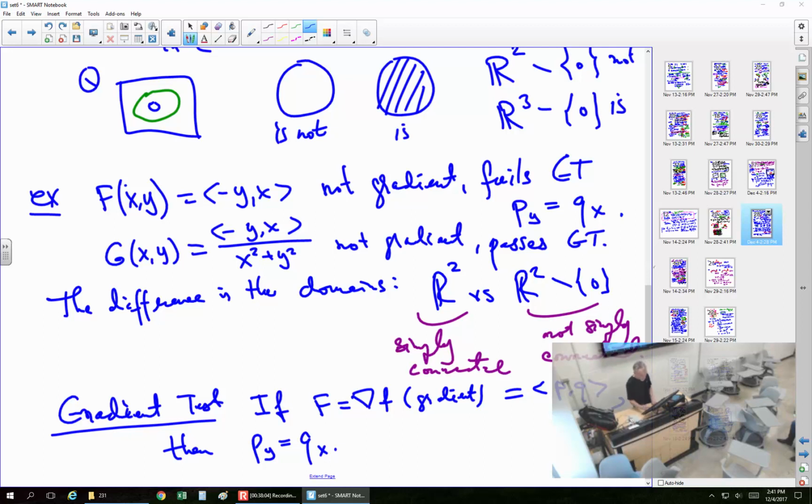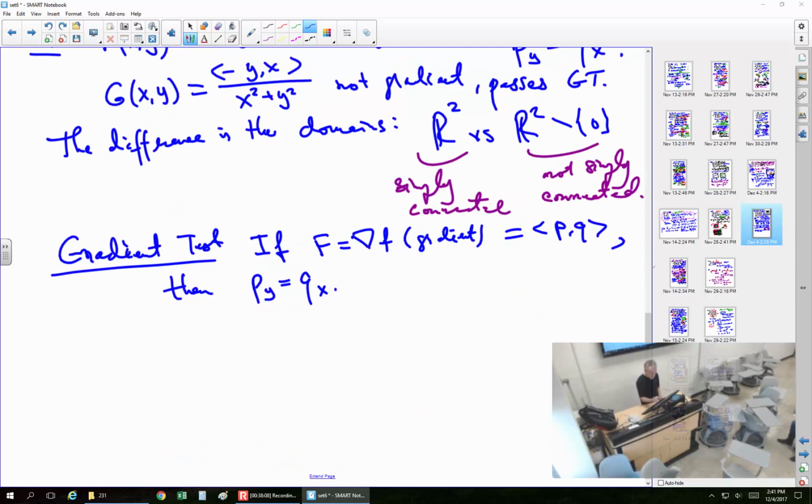So this is the direction: f is the gradient, then the equation is satisfied. This is the converse.